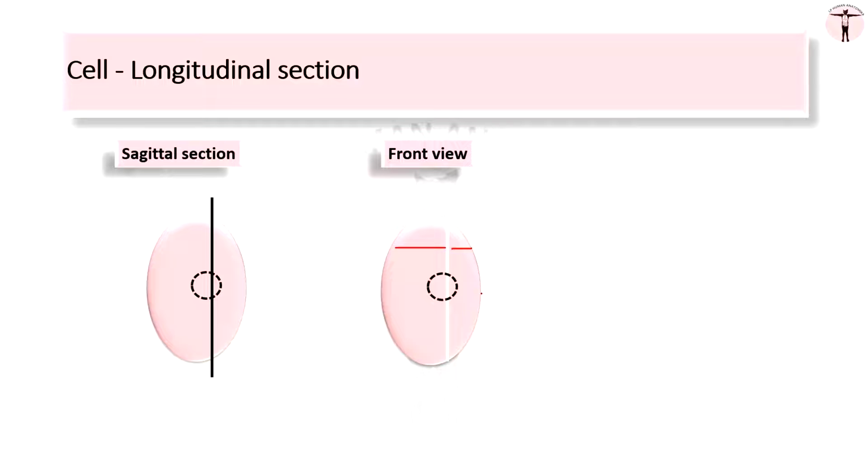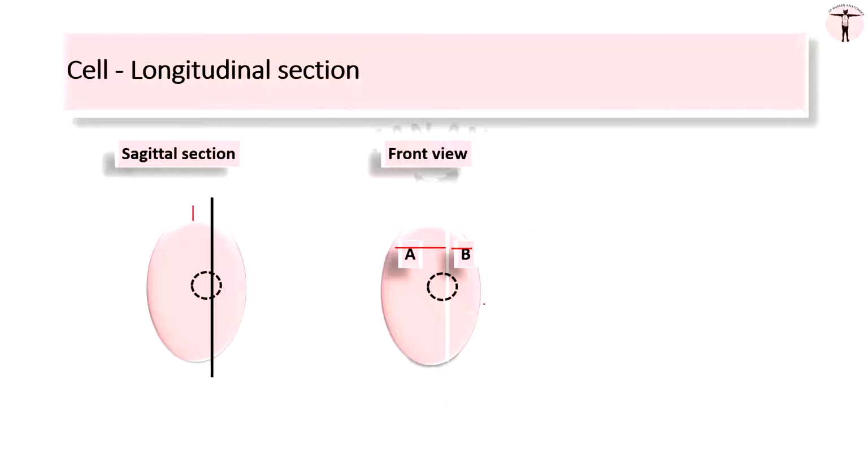In the previous section, where it passed through the midline, there were two symmetrical halves. Here, one part is large, represented by A, and one is small, represented by B.